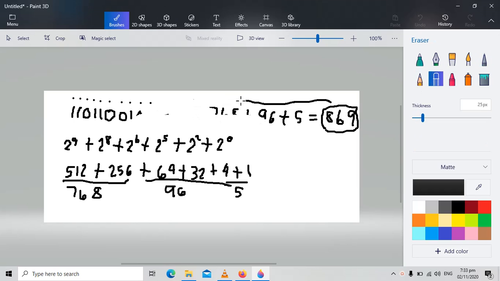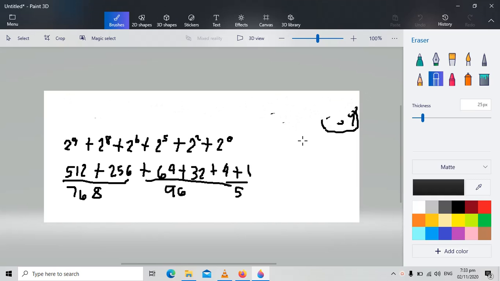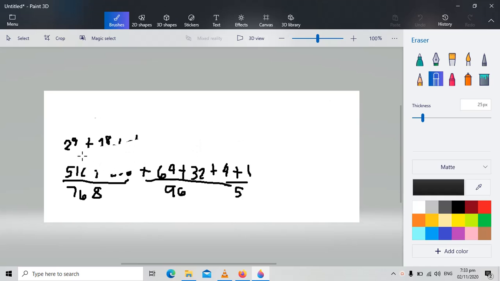Alright, let's try another one. We'll increase the binary number from now on for the two problems. This is the second to the last problem.